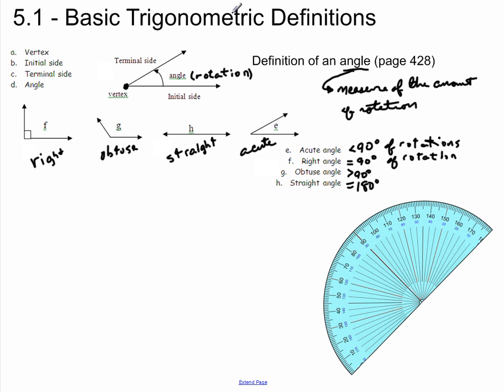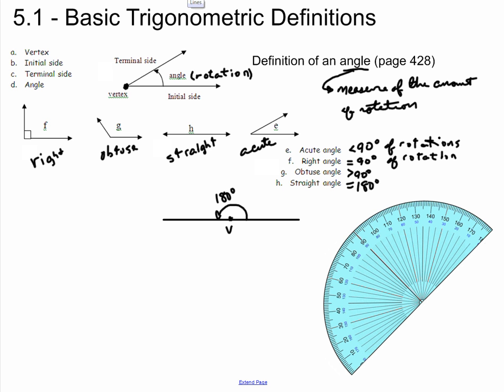So if you imagine us taking a straight line and treating it as an angle with our vertex at one side and we measure around, we call that 180 degrees a straight angle.